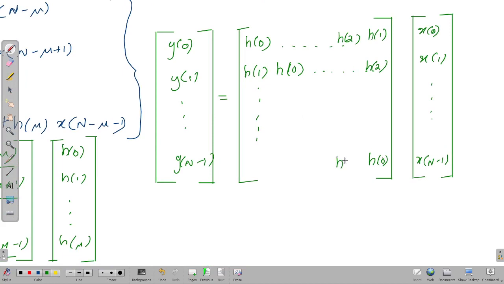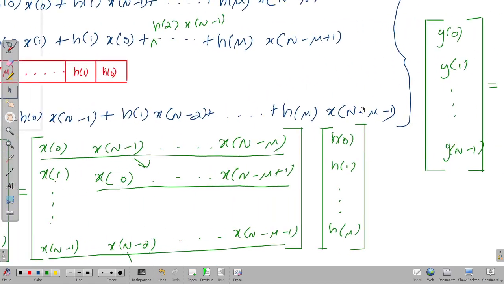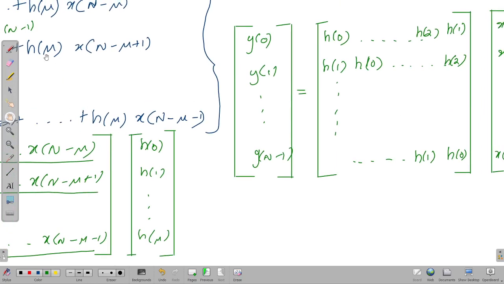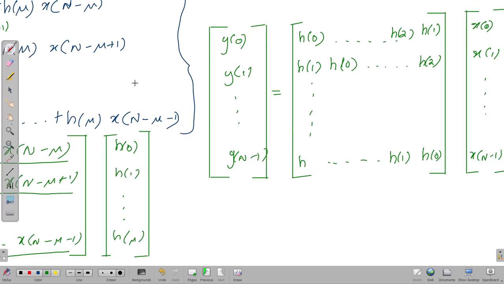So you have here h of 1, etc., etc. X of 0 will then get multiplied by... okay, you cannot surely say what it is, but you can clearly see that there is a circular convolution happening.